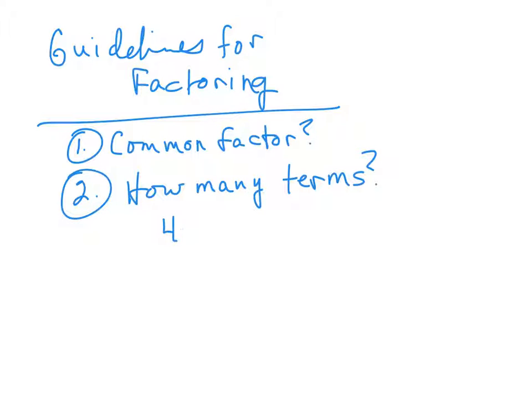If there are 4, we do grouping. If there are 3, we'll use the AC method.